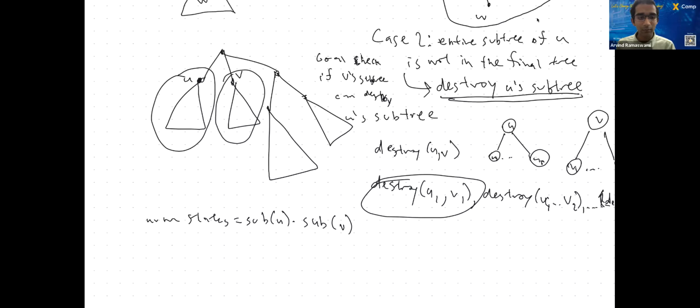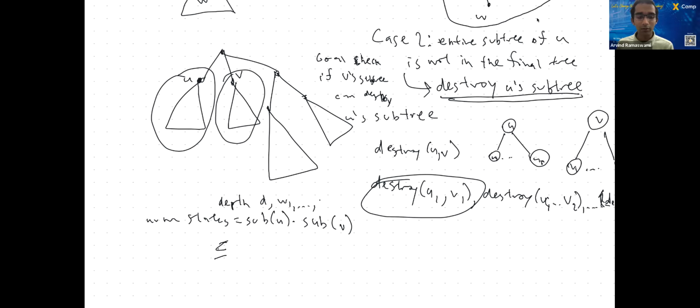So basically, this is less than or equal to, let's just fix the depth D. And it has vertices W1 up till WK.